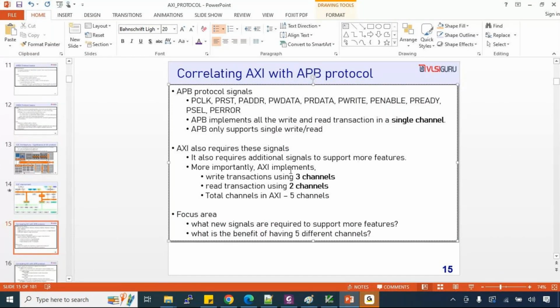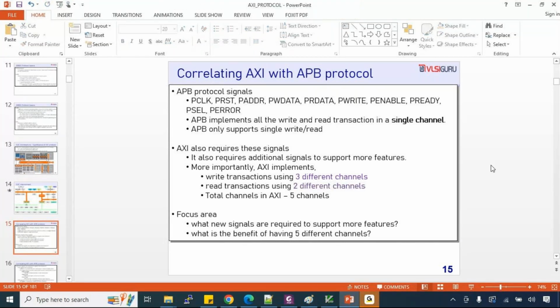More importantly, in summary, what you need to remember is AXI implements write transactions using 3 different channels and read transactions using 2 different channels. Total channels in AXI is what? 5 channels. Okay. What is the advantage of having different channels?